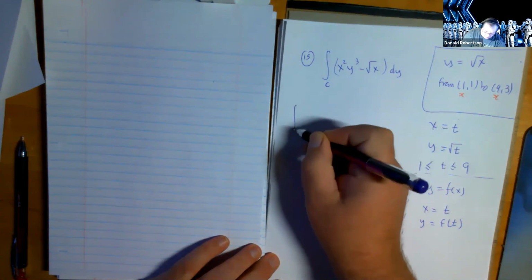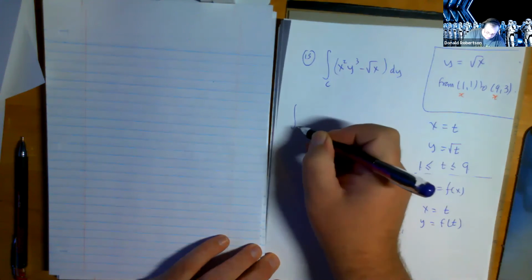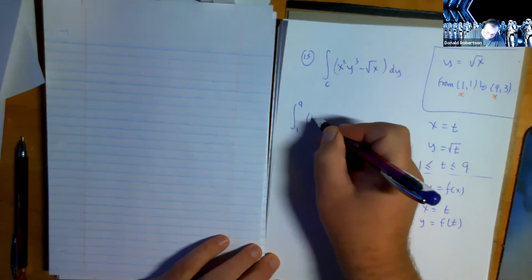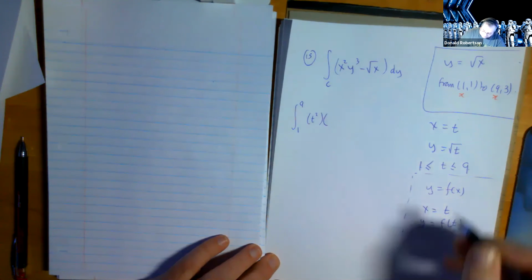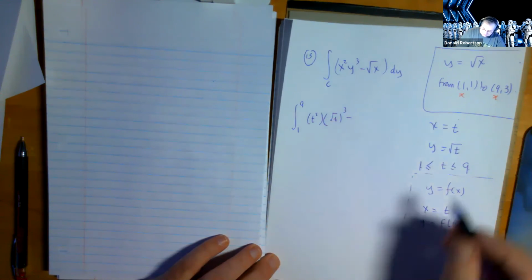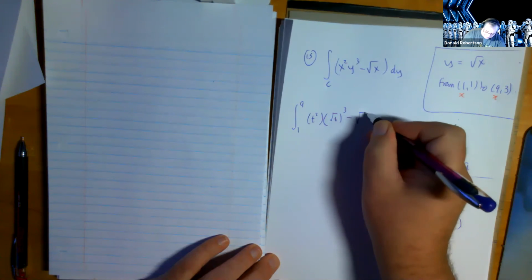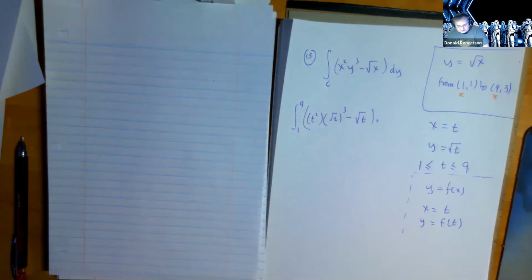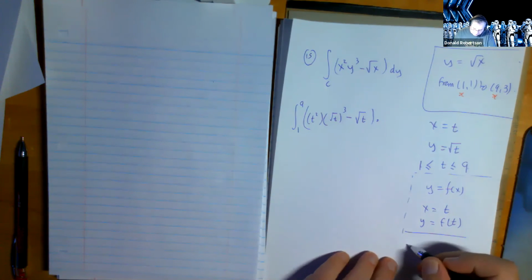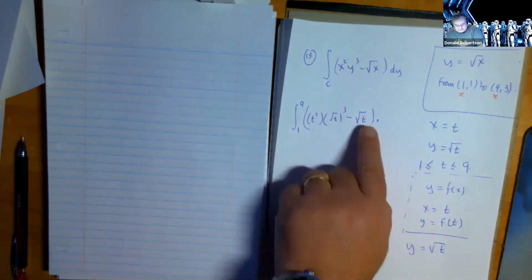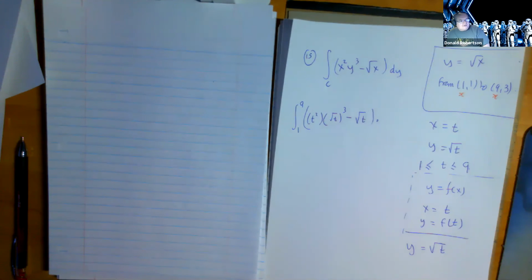So this integral will now become the integral from 1 to 9. x squared will become t squared. y cubed will become this guy, cubed. Take away the square root of x, which becomes the square root of t. And now there's one last little fella that I should deal with. I'm going to use this guy to figure out what dy is in terms of t.